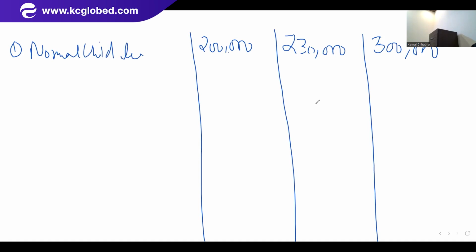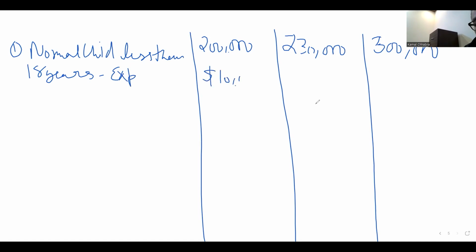Less than 19 years of age. And how much expenditure you have incurred? Let's say $10,000.